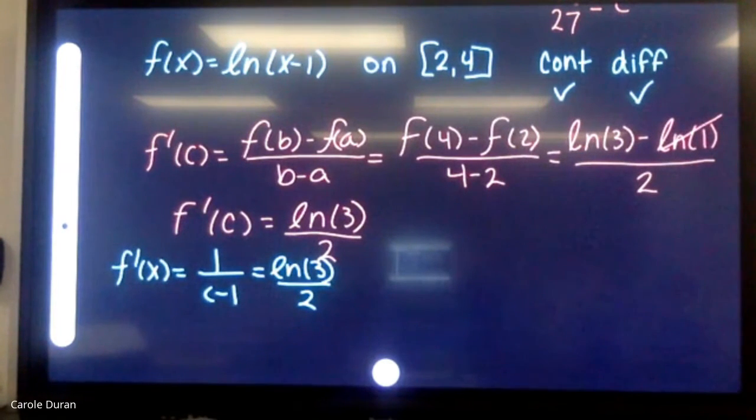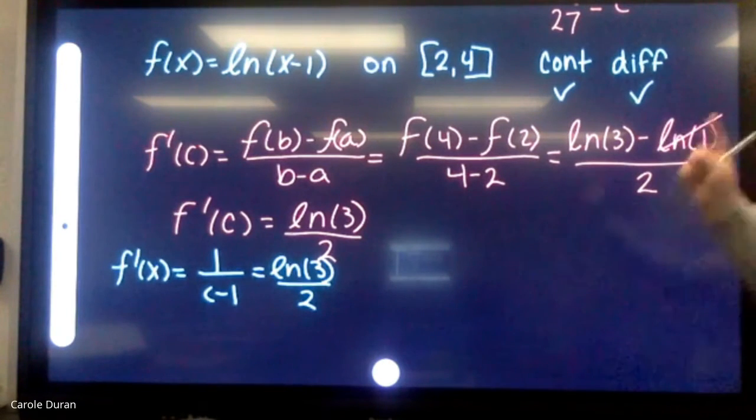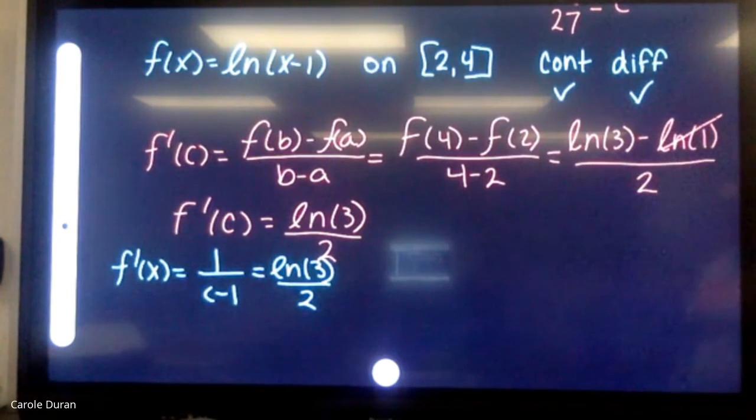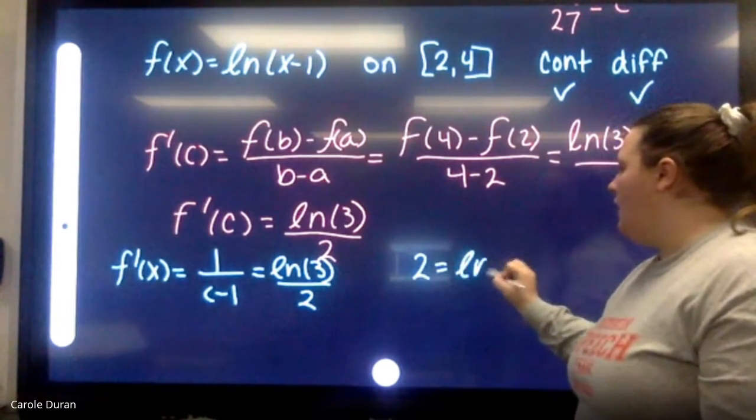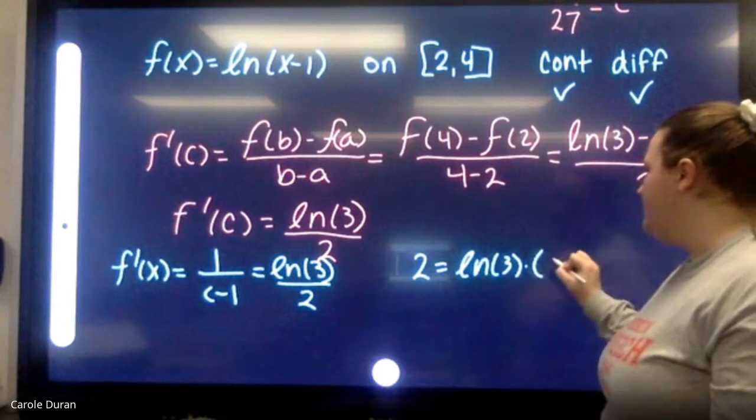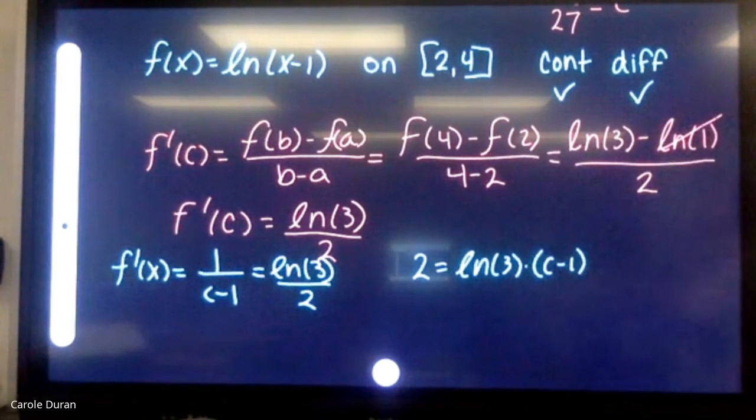So what do I need to do first? What are you thinking, Lauren? So multiply the 2 to the left and the c minus 1 to the right. Right? Just cross multiply. So when I do, I get 2 equals natural log of 3 times c minus 1.